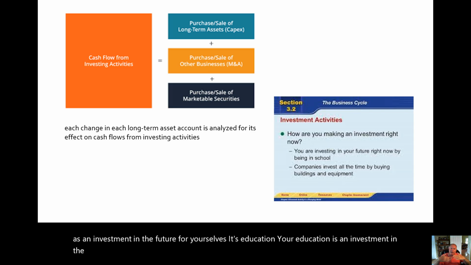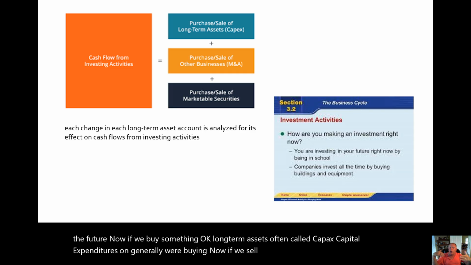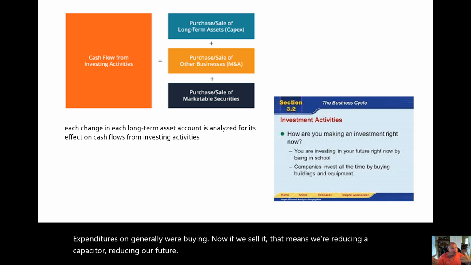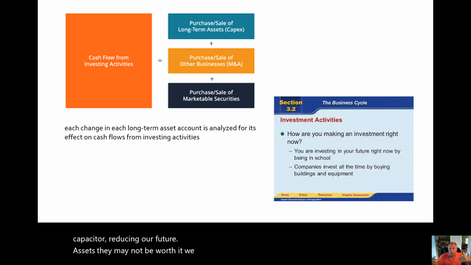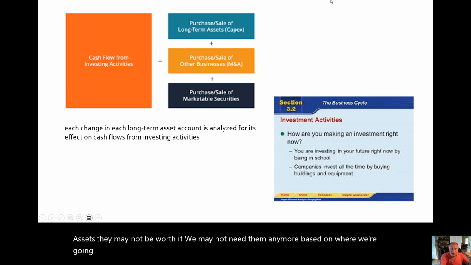Now, if we buy something, long-term assets, often called CapEx, capital expenditures, generally we're buying. Now, if we sell it, that means we're reducing a capacity or reducing our future assets. They may not be worth it. We may not need them anymore based on where we're going. But purchase and sale of long-term assets is one.